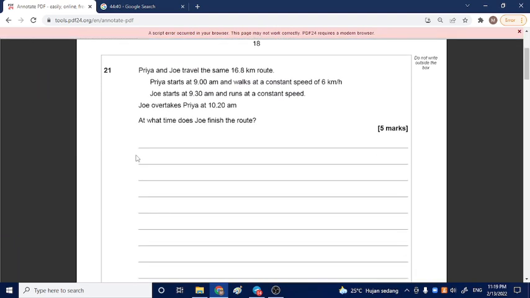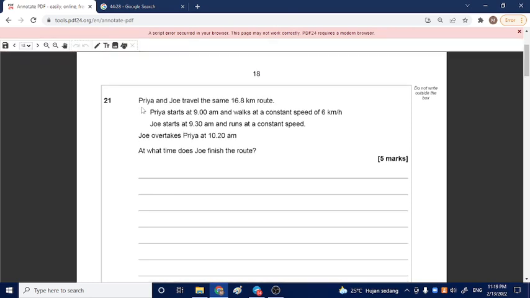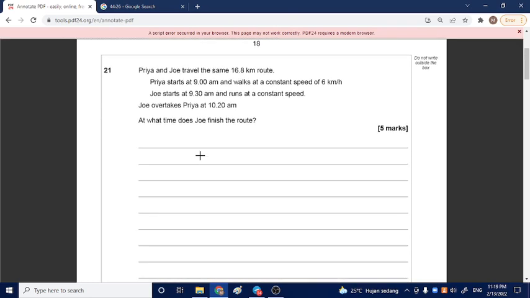Travel the same 16 kilometers. Okay. Let's say this is x kilometers per hour.